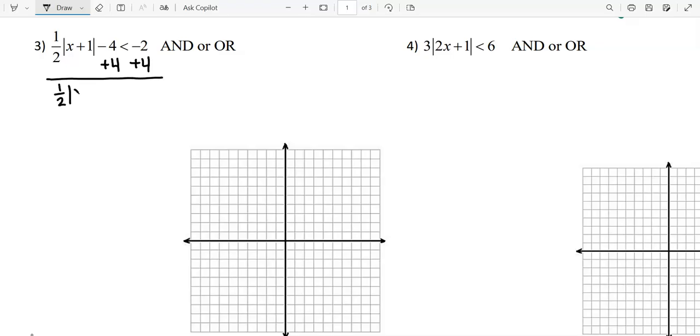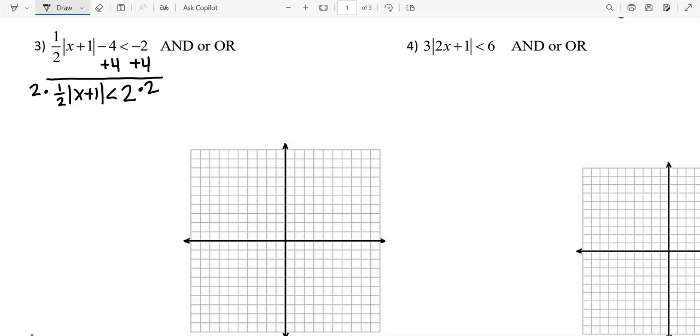So 1/2 absolute value of x plus 1 is what? Less than 2, okay? And last thing I need to do to isolate my absolute value. Multiply by 2 on both sides. What are you not going to multiply by 2?